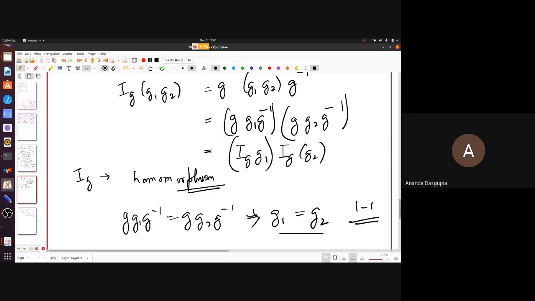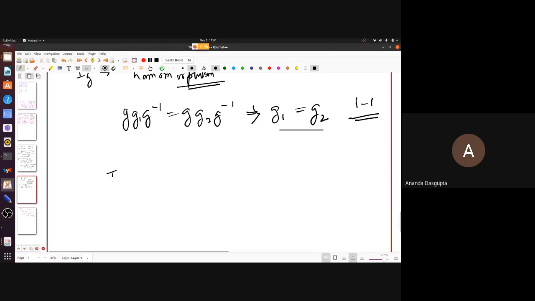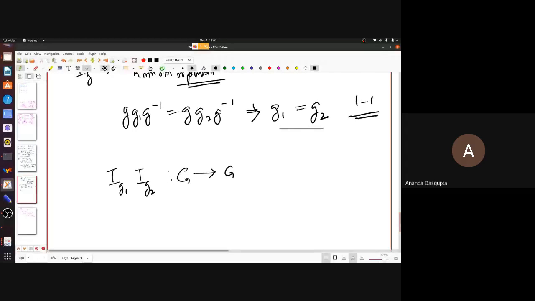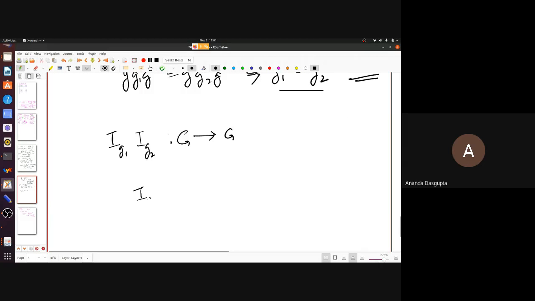Okay. And on the other hand, what is Ig1 times Ig2? Remember, these are maps, right? Because these are maps which act on G to give you an element of G. The best way to answer what this product is, is to see what they do to an arbitrary element of the group.